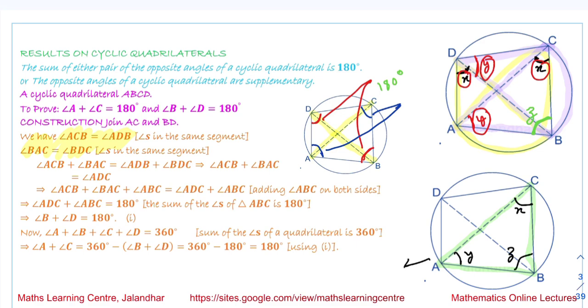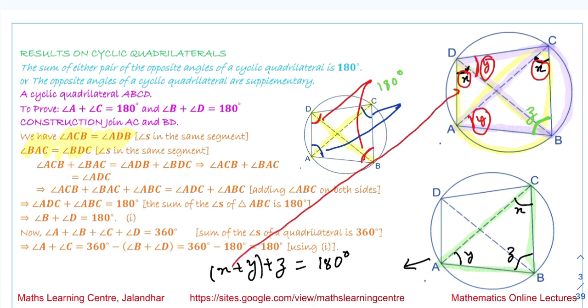So the result we get is x plus y plus z equals 180 degrees. Now x plus y is angle ADC, and z is angle ABC, so their sum is 180 degrees, and this is what we had to prove.